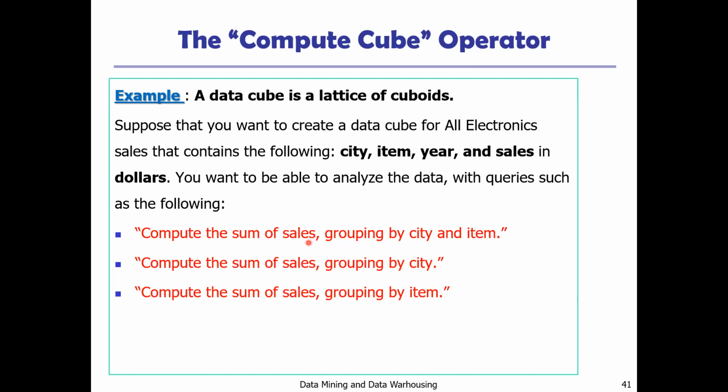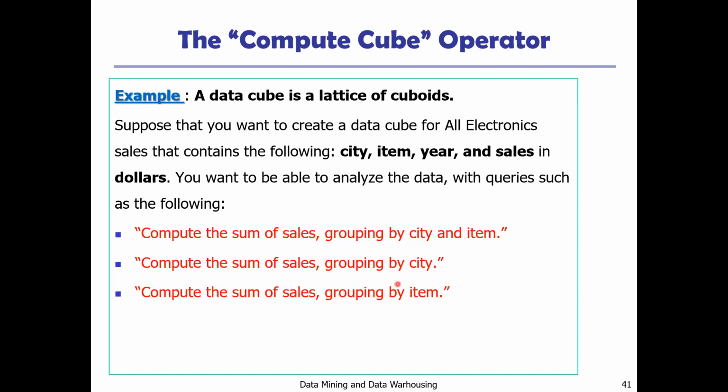For each one of them, we're going to calculate the sales for TV, home entertainment, mobile or computer. Again, for Toronto, TV, home entertainment, mobile or computer. Again, for Chicago, the same items. And for each one of them, we'll be calculating their sales.